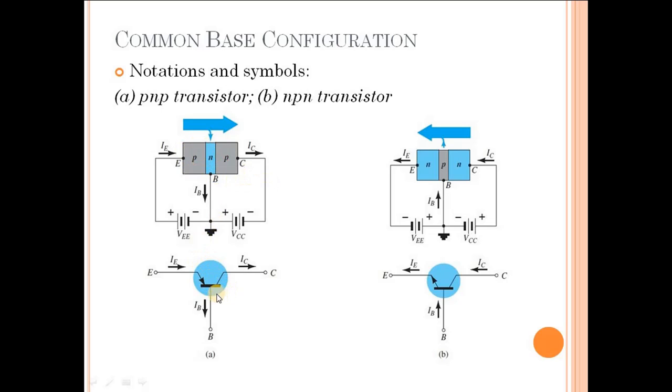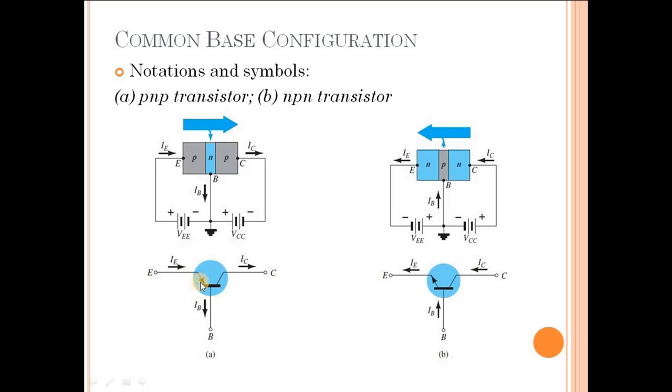So here we show the circuit symbol. If you have the PNP BJT circuit symbol, in the emitter layer the arrow points downwards towards the base layer, and this is the whole symbol.